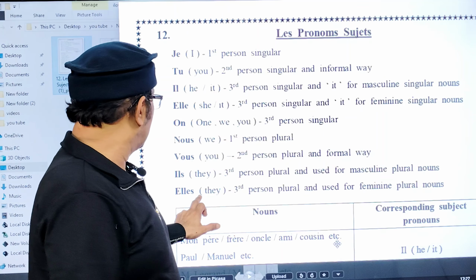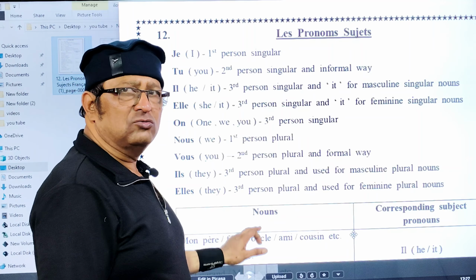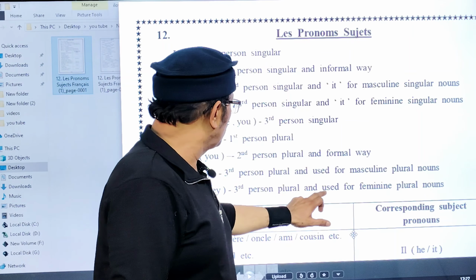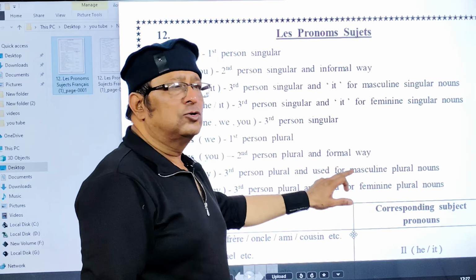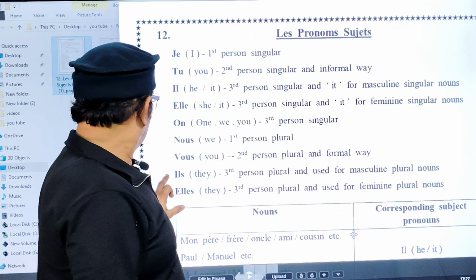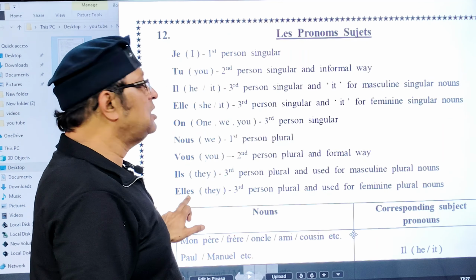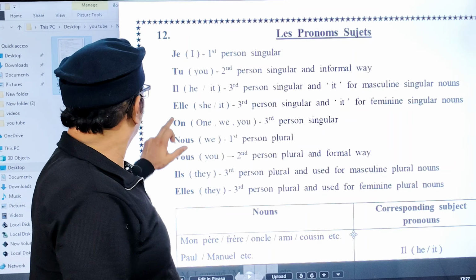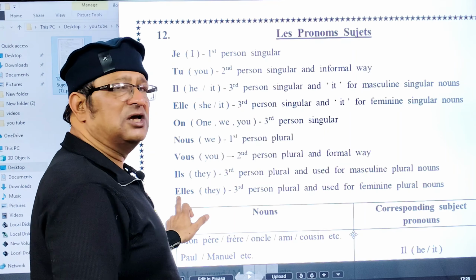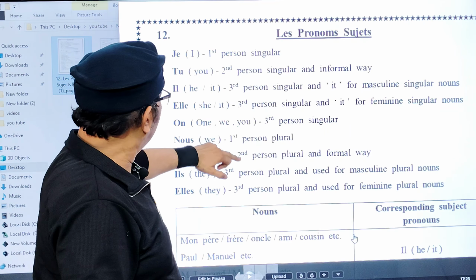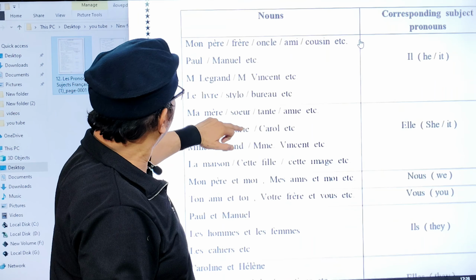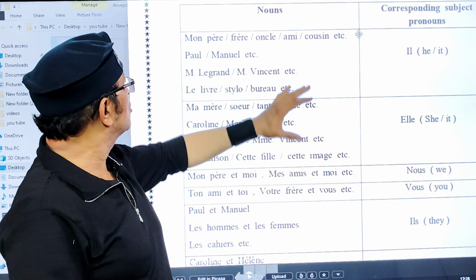Then elles, again means they, third person plural form and feminine. So you can see here ils is plural form of il, and elles is plural form of elle.